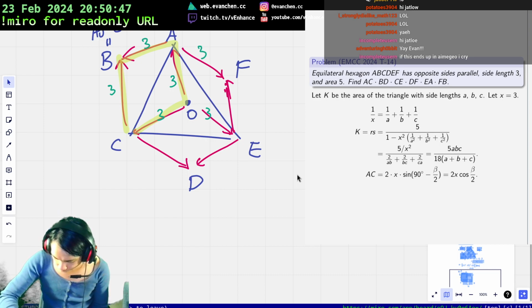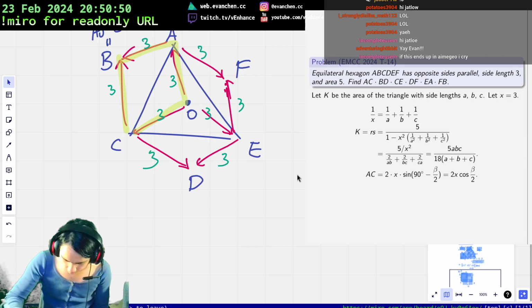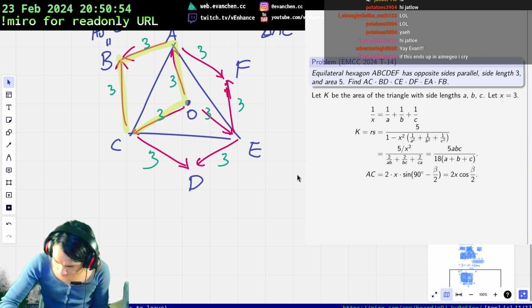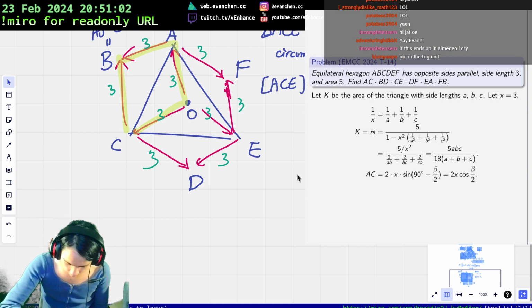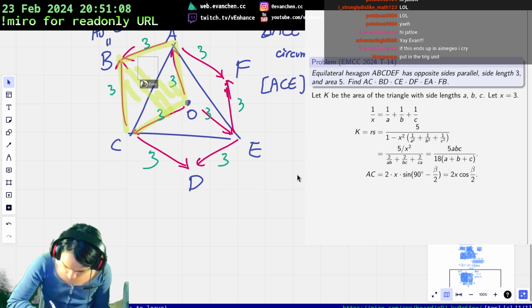So what that means is, in particular, triangle ACE has circumradius 3, and also its area is 5 halves, because it'll always be half the hexagon, because like this one is the same as this one, and similarly.